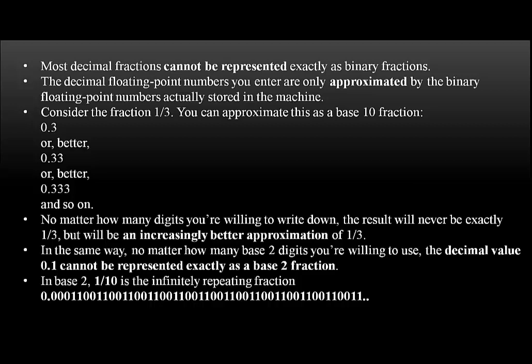So also you can see the decimal value 0.1, which I just discussed. You are trying to store 1 by 10, and you get to see how many binary digits are being created in the binary form. So this is a fact with respect to the computer system.